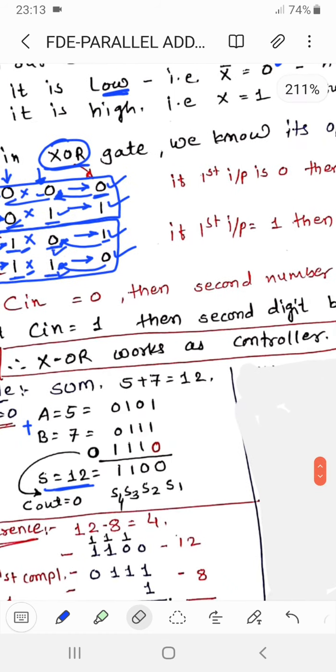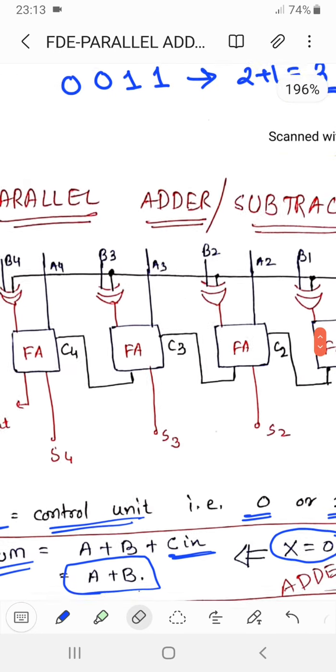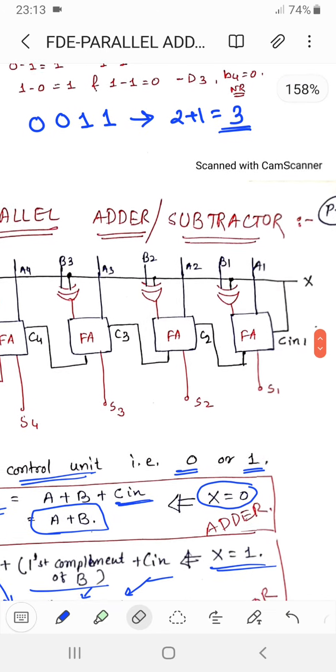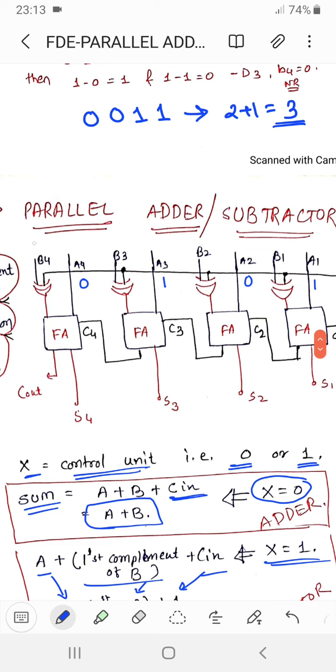So the value of a is 0 1 0 1, and my b, that is 7, has the value 0 1 1 1. So these are our normal values.